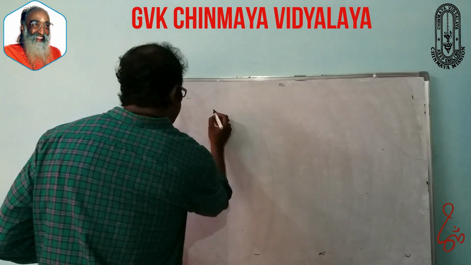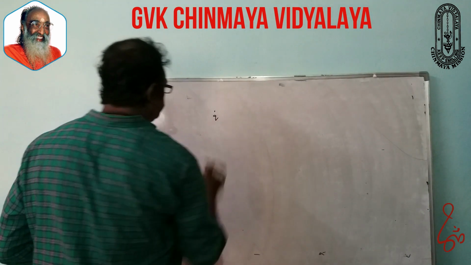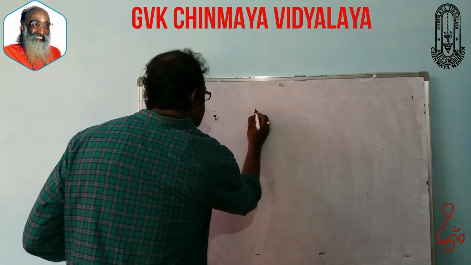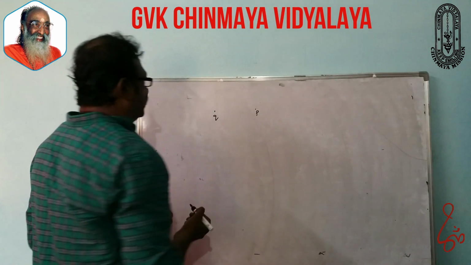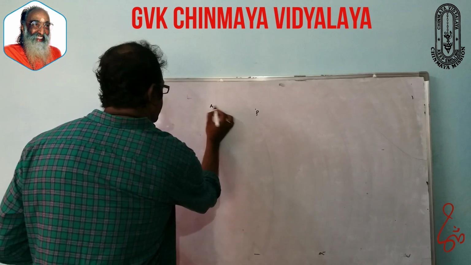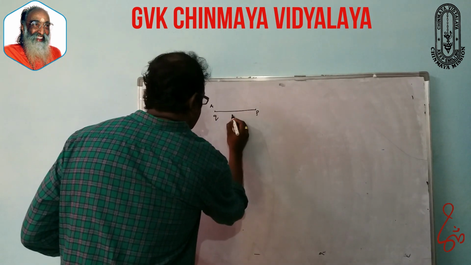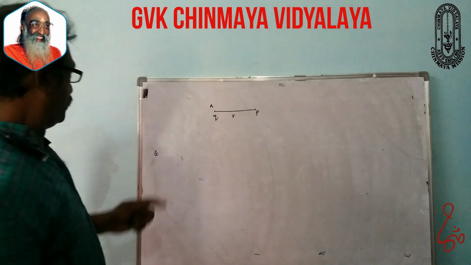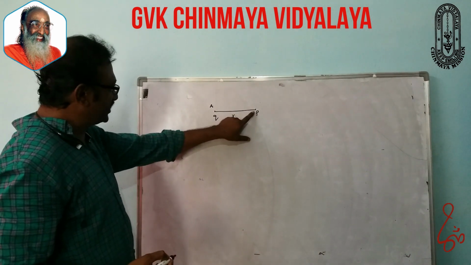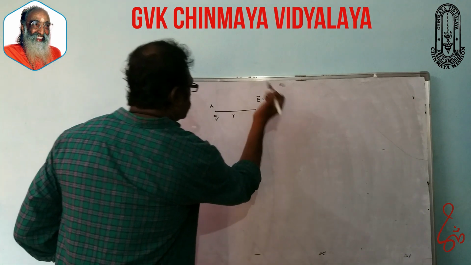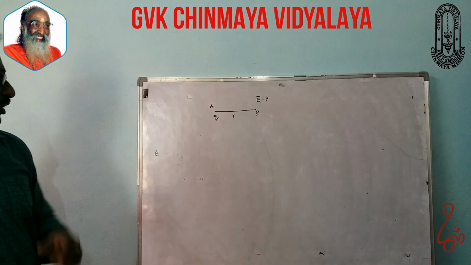Suppose a charge Q is there, and now I'm going to select a point somewhere here, and let this point be named A. Now it is at a distance R. How do we find the electric field intensity at this point?